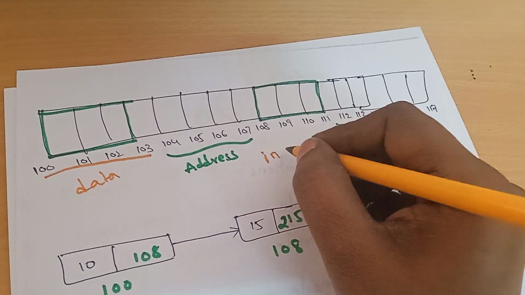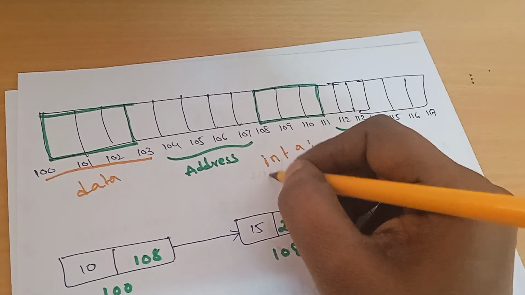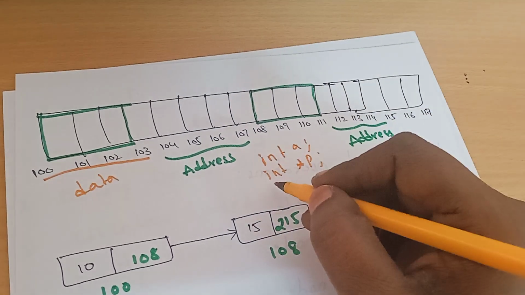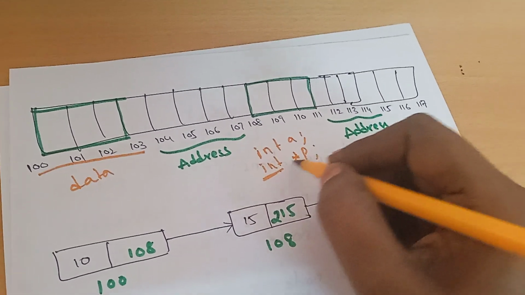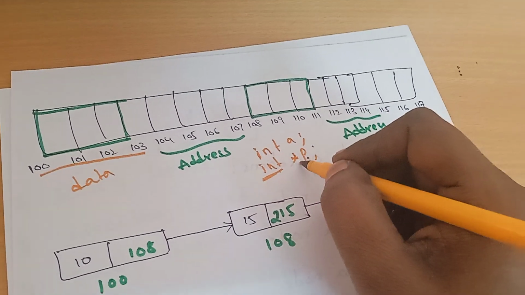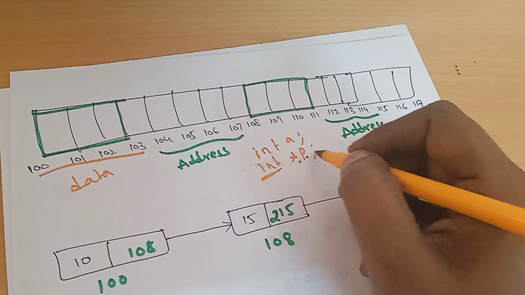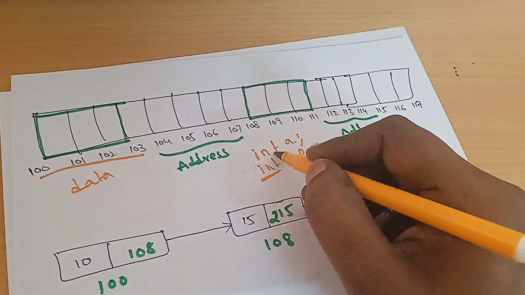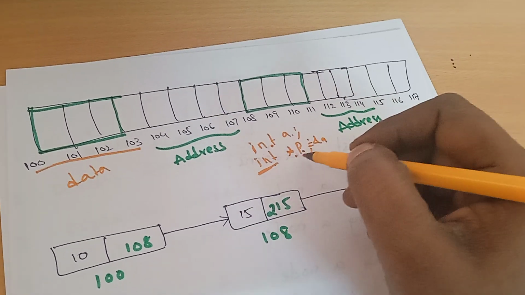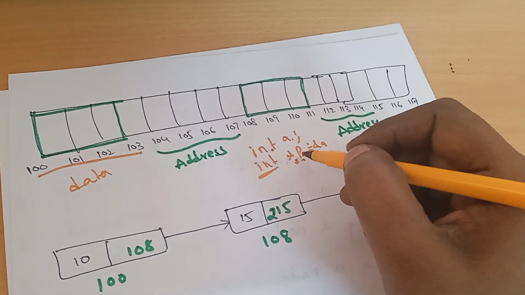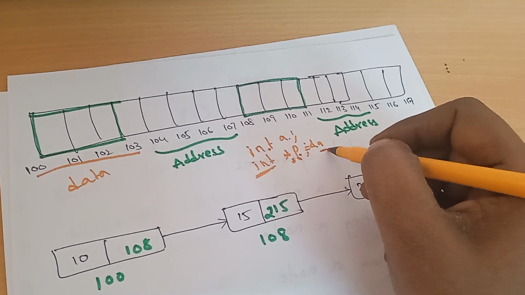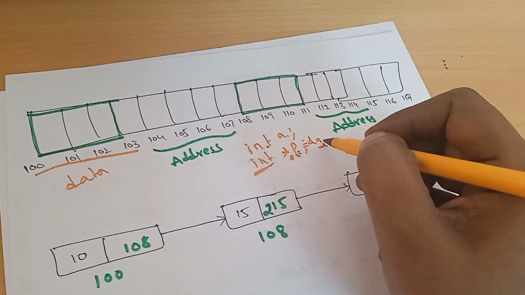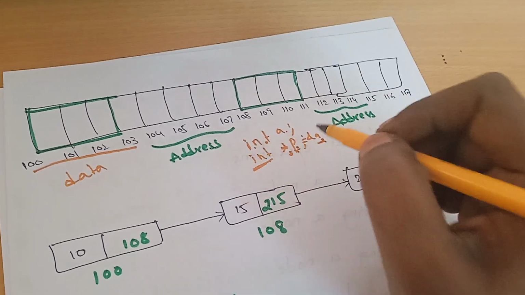What is int a and int *p. So what is this integer? *p is a pointer variable which stores the address of another variable whose value is an integer. Am I right? *p is a pointer variable. It is going to store the address of another variable, and the data type of this variable, whose value it is storing, is integer.